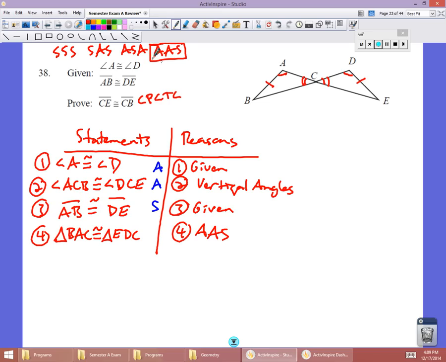And once we have the two triangles congruent, then because of CPCTC, we know the corresponding parts are congruent. So in this one, I would say side CE is congruent to side CB, and the reason is CPCTC.